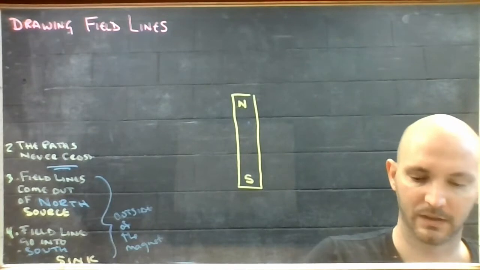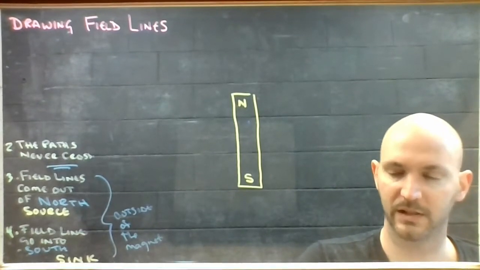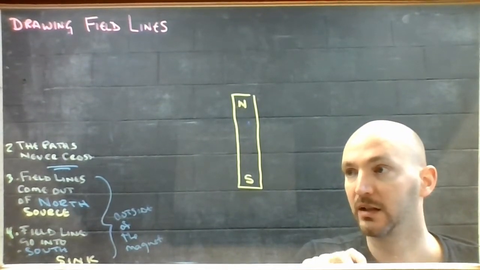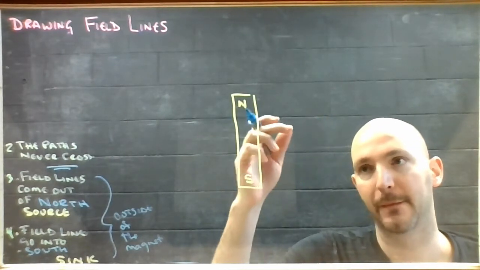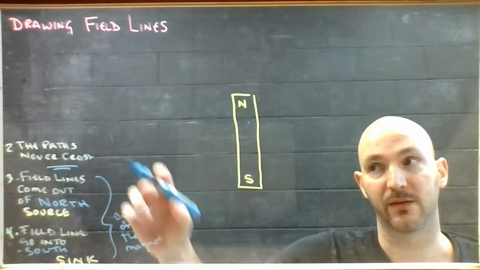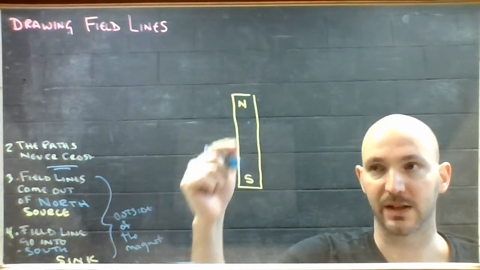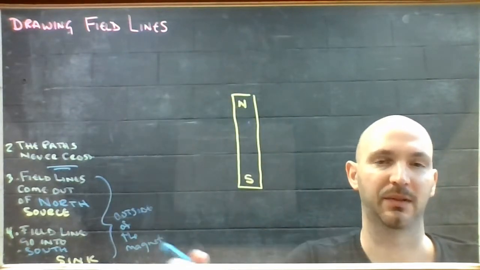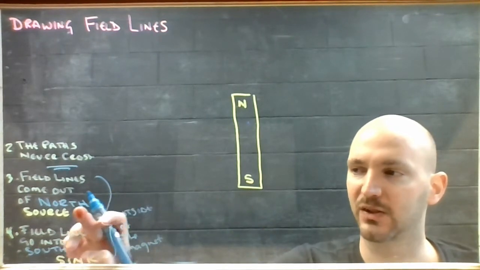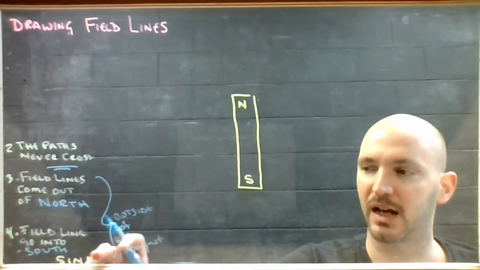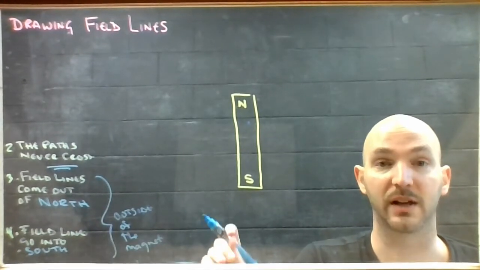Okay, so how do we resolve this? Well, if the paths aren't allowed to cross, the way I keep myself from drawing anything out to infinity and making sure they never cross is that I have to draw loops. So this idea of sources and sinks doesn't really apply to magnets because I'm drawing loops.